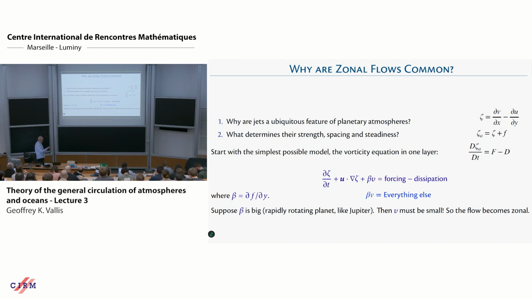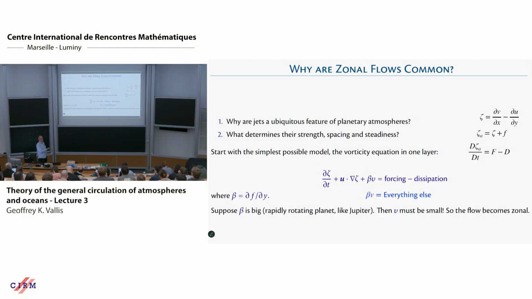So there's no vortex stretching. If you're a 3-dimensional fluid dynamicist, you think there's vortex stretching. If you just think of 2 dimensions, there's no vortex stretching because there's no 3rd dimension. So vorticity is conserved, apart from the effects of viscosity, which we'll come to. So zeta a is conserved. This is the material derivative. We expand that. We get the material derivative of relative vorticity plus this term, beta v.